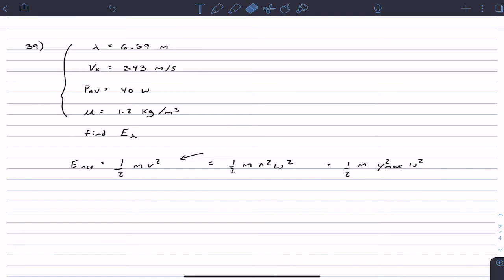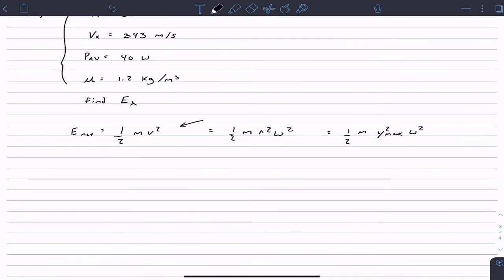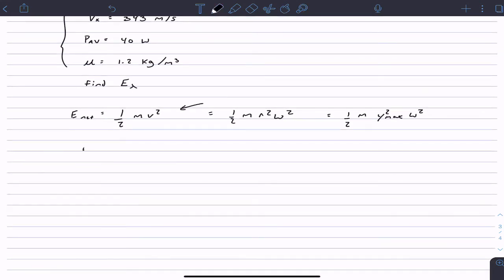Instead of considering mass in this situation, we can consider density and wavelength, right? So mass per length is going to give you some linear density. That means that energy net is going to equal 1/2 linear density times wavelength times y max squared times angular frequency squared. I feel like this is something we can probably use.